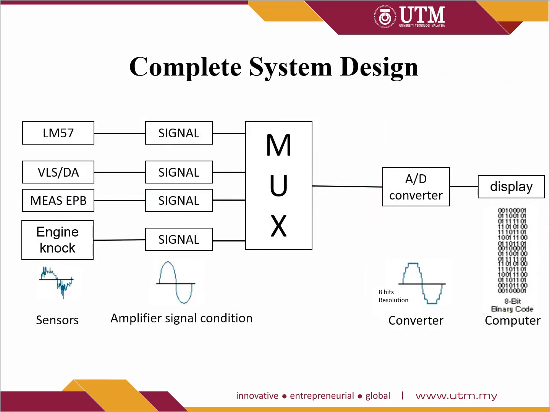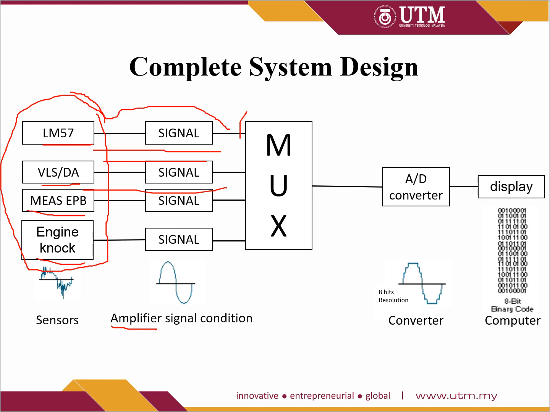Here we have the complete system design for all four sensors: the temperature, the speed, the pressure sensor, and the engine knocking sensor. From the sensors we change the voltage by using a signal condition amplifier, and for each one there is a type.